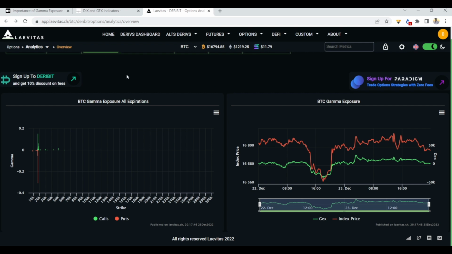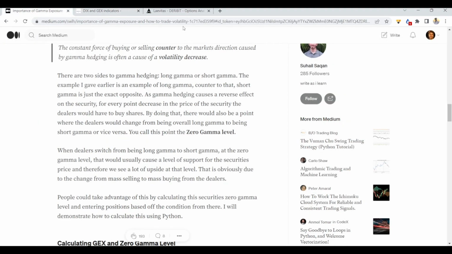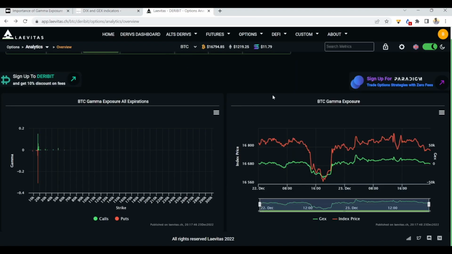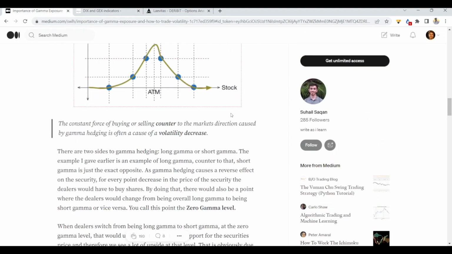So what we can do is if you have a constant eye on BTC gamma exposure and you know what you're doing and you know these rules here, then you can basically predict where price is going to go based on certain price movements, i.e. when price rises on a negative gamma a little bit, you can expect price to probably rise a lot. I'm going to show it one last time and then we'll get out of here.